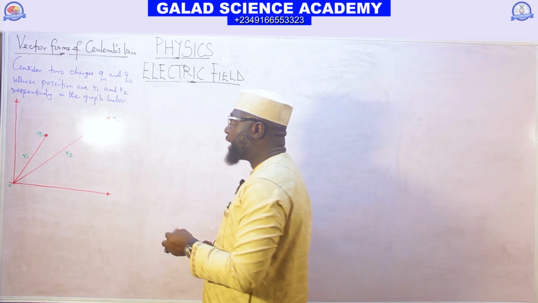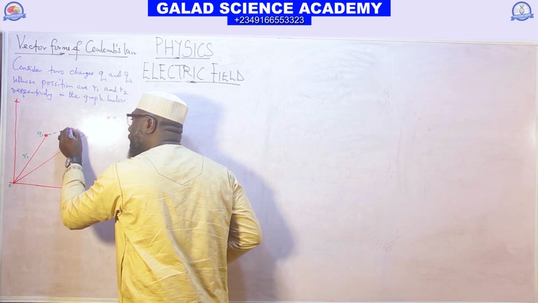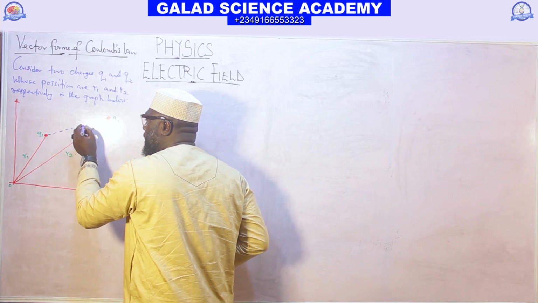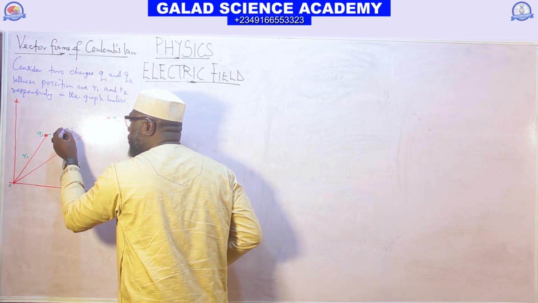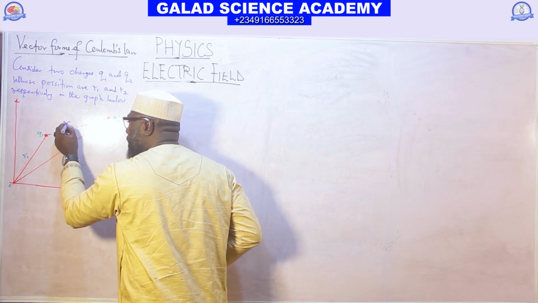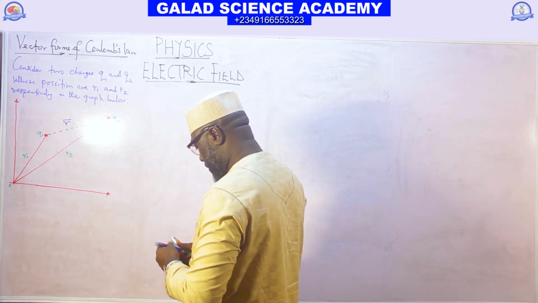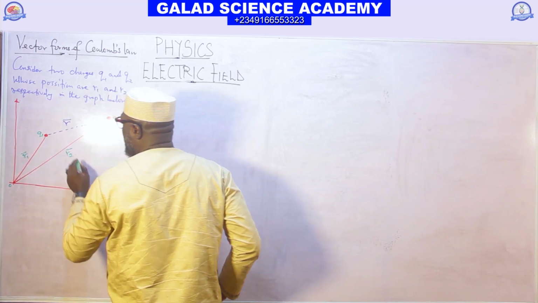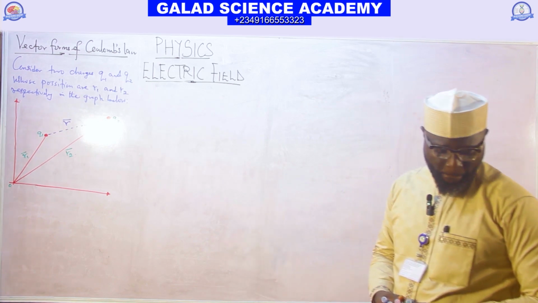So if I join Q1 and Q2 together like this, this point here we call R. This is the vector R1, R2.